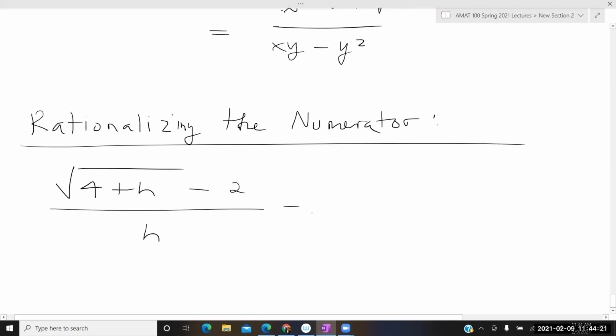So this is actually important in calculus because it'll help you compute derivatives. Rationalizing means you have to multiply by the so-called conjugate, or conjugate radical.